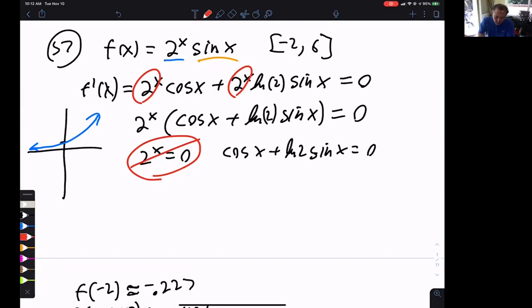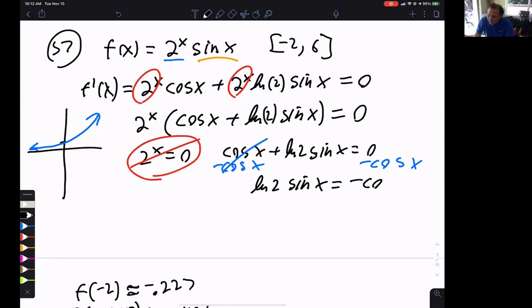How do you solve the one on the right? Well, I'm going to subtract cos x from both sides, and I get ln 2 times sine x equals the opposite of cos x. Here's where the trig trick comes into play. If you divide both sides by cos x, something beautiful happens.